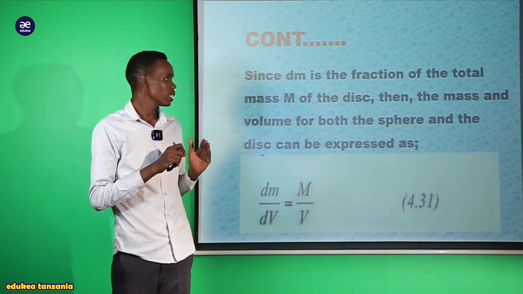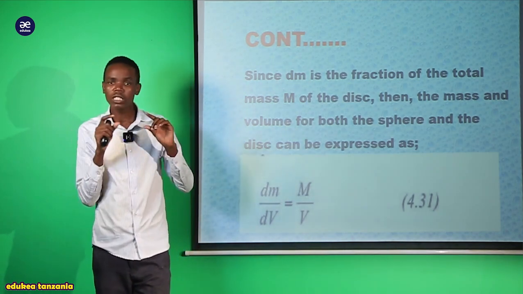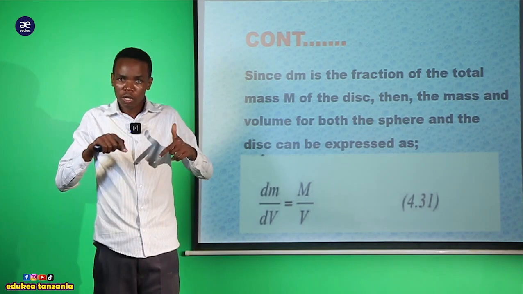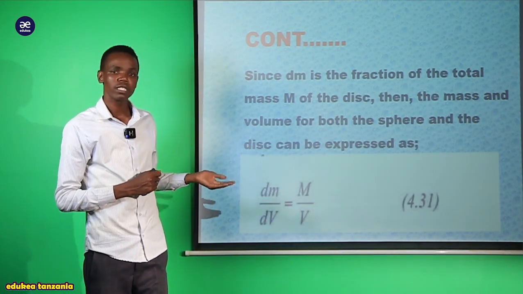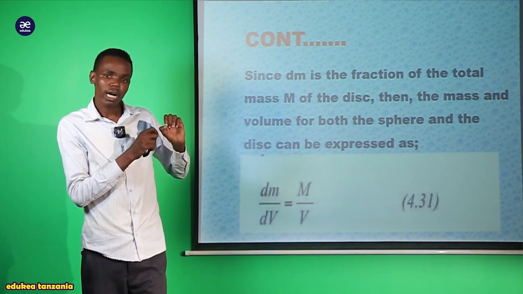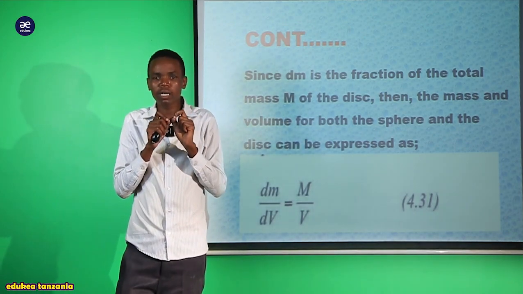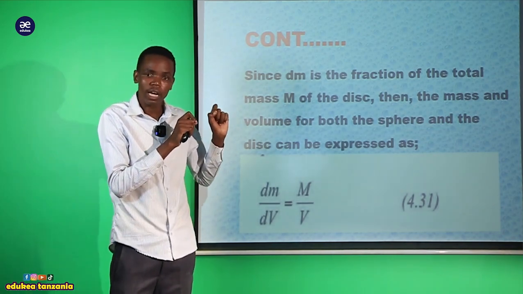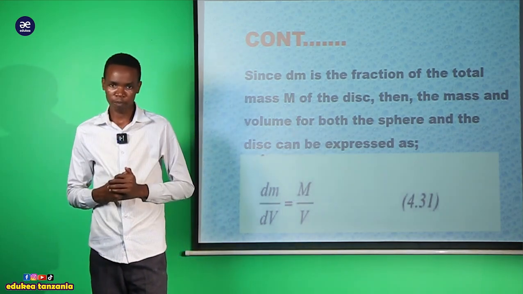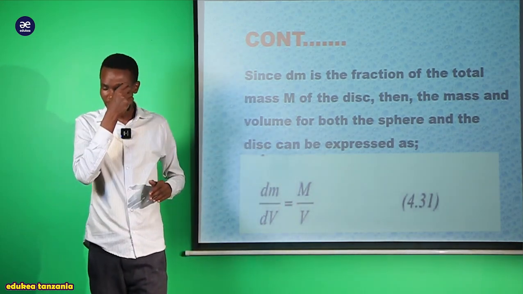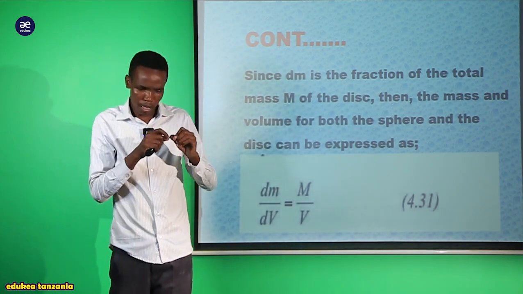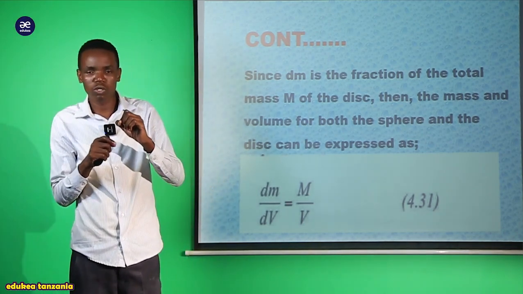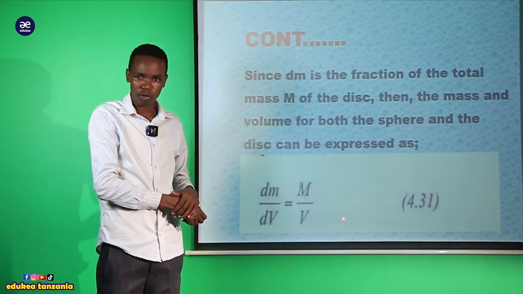If we consider the mass and the volume for both the elemental disk and the whole sphere, it can be expressed by a ratio: the small change of the mass divided by the small change of the volume. It equals the mass of the whole sphere divided by its volume.